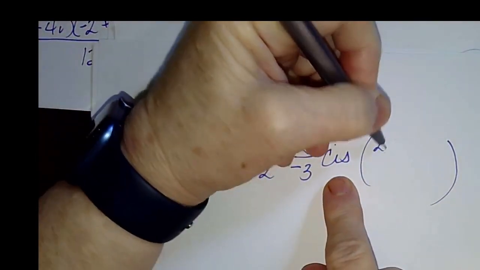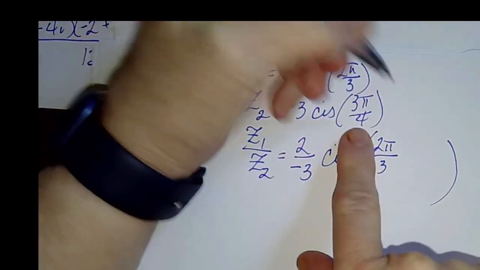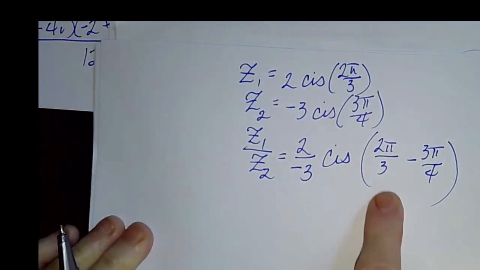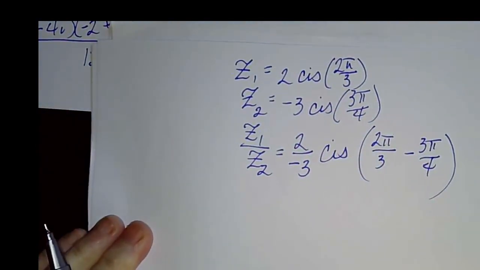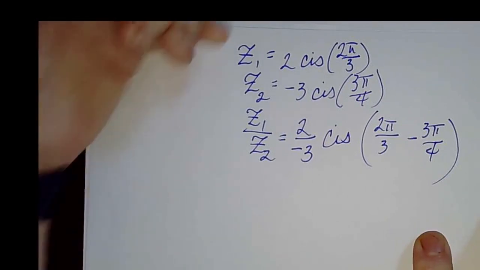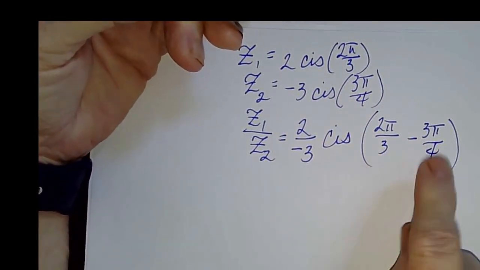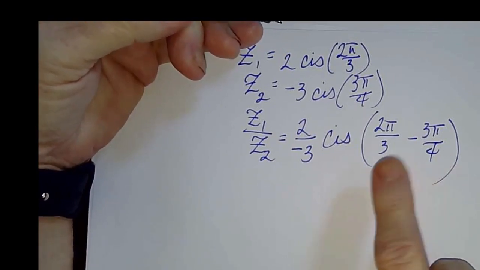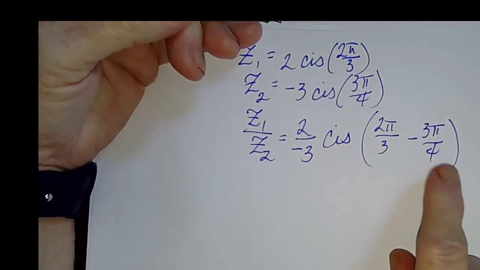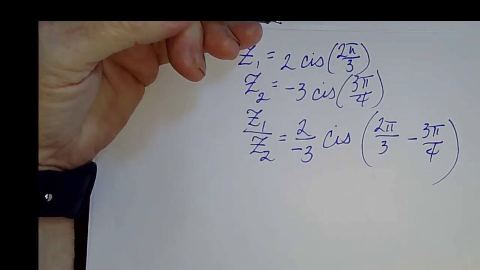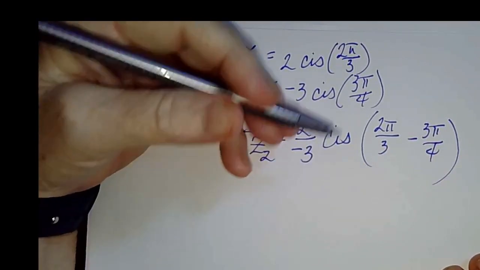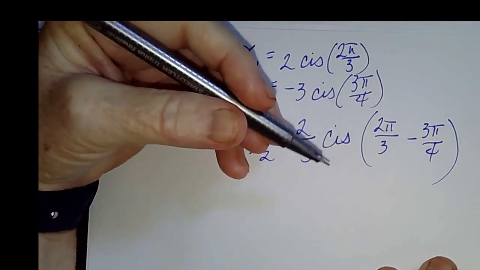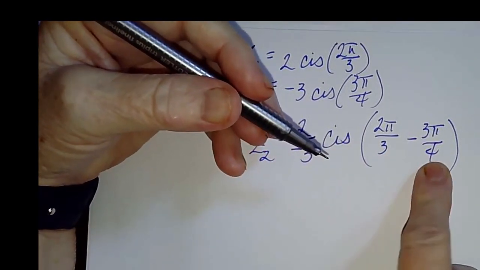So then we've got 2 pi over 3 minus 3 pi over 4. We have the same two denominators that we just had. And again, 3 and 4 are relatively prime because they share no factors besides 1. And that means to get a common denominator, when you have relatively prime numbers, you multiply one denominator by the other.